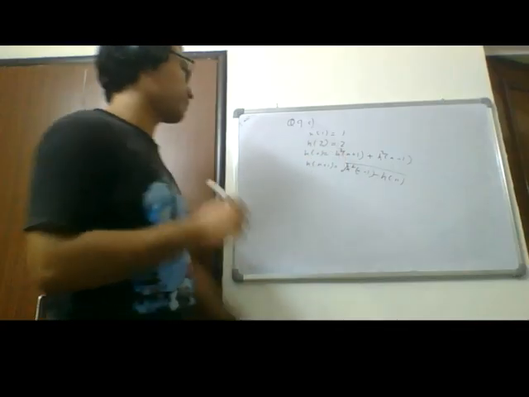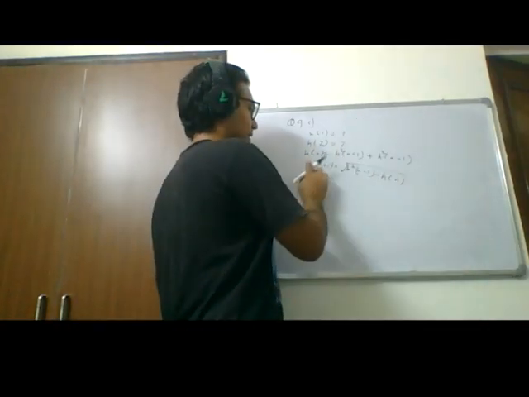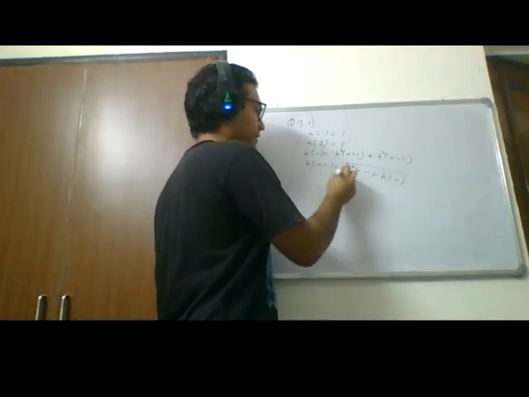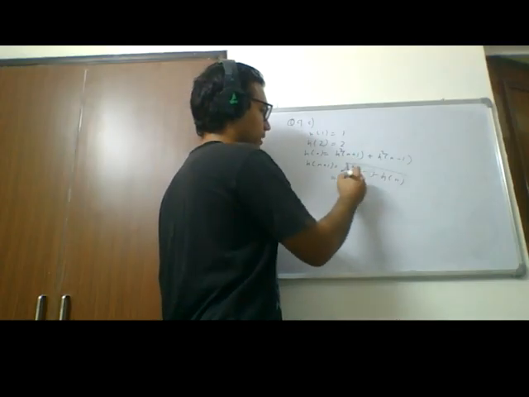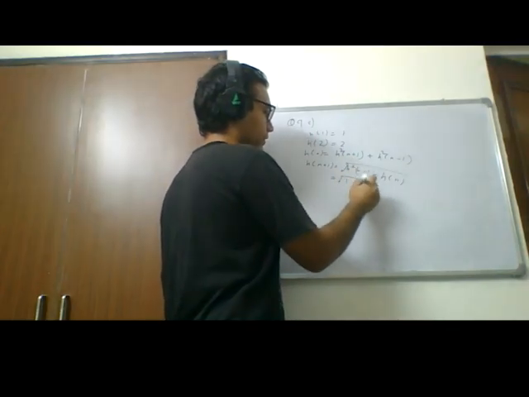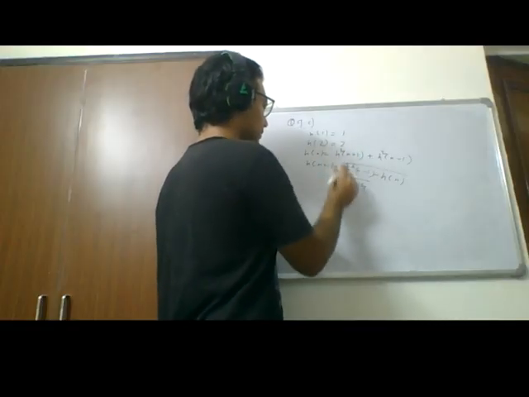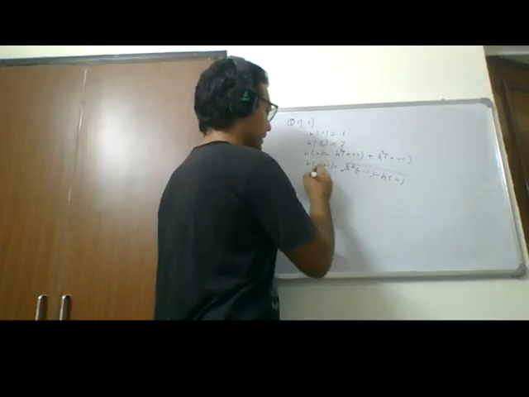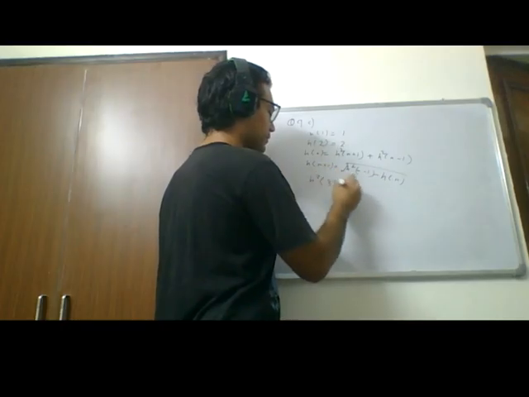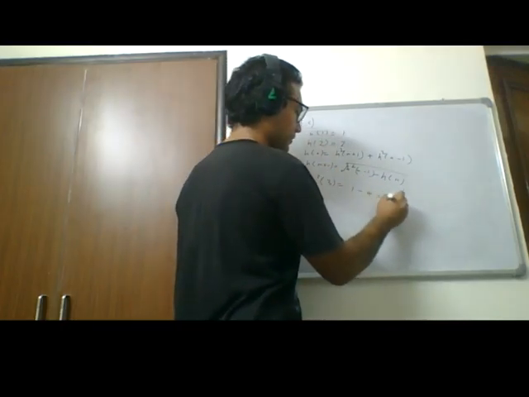Now we have to show that there is no such function. Okay. So let's see. H squared of 3 is equal to 1 minus 4, which is equal to minus 3.